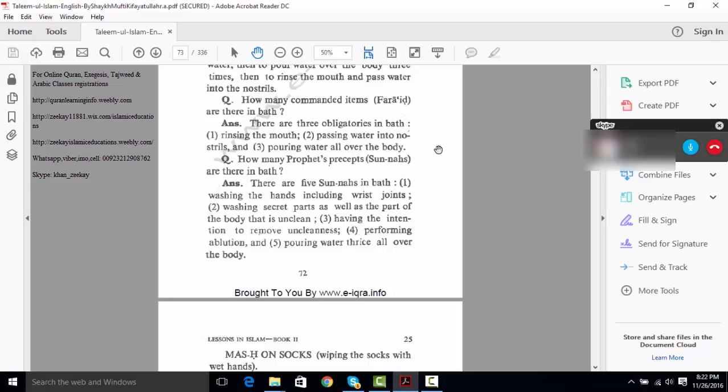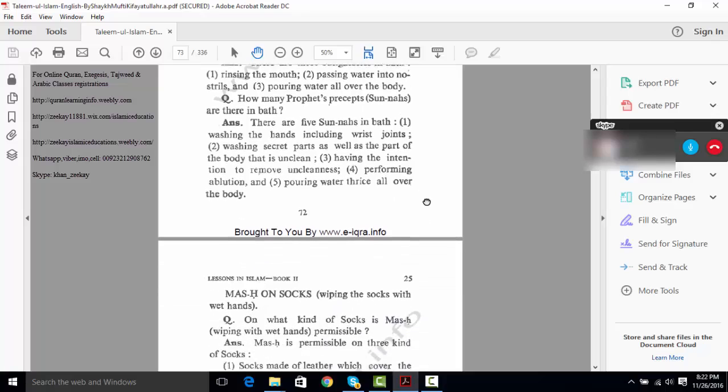How many prophetic precepts, sunnahs, are there in bath? There are five sunnahs in bath. Number one, washing the hands, including wrist joints. Number two, washing secret parts as well as the part of the body that is unclean.